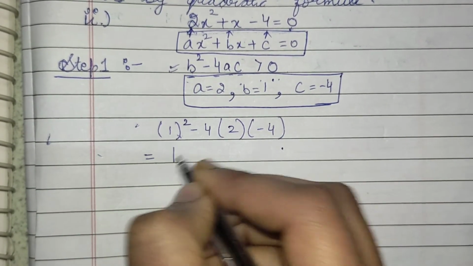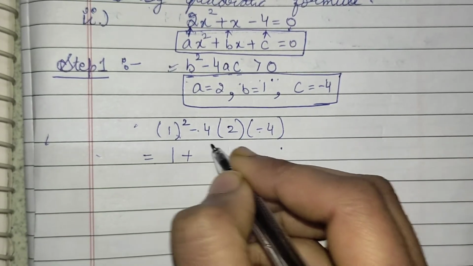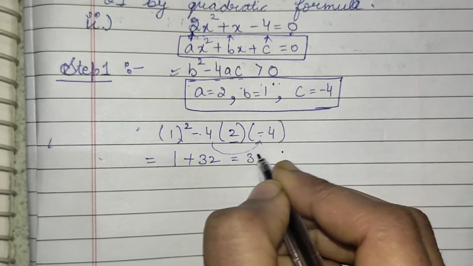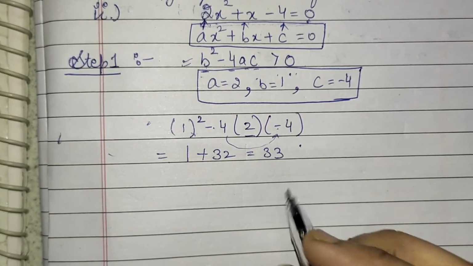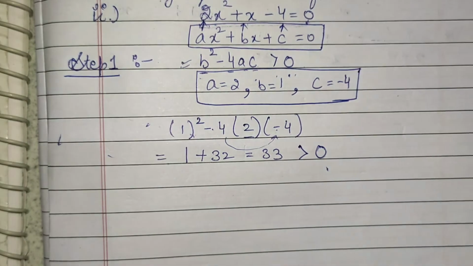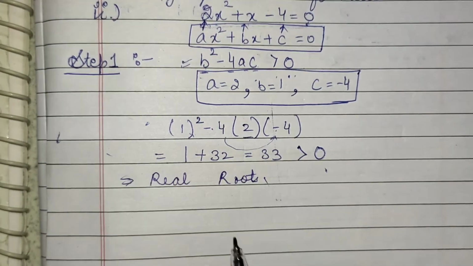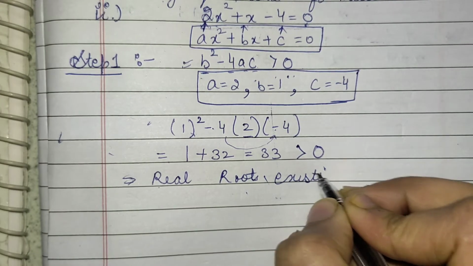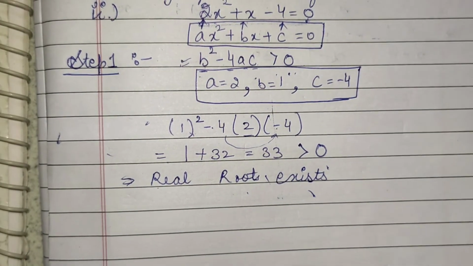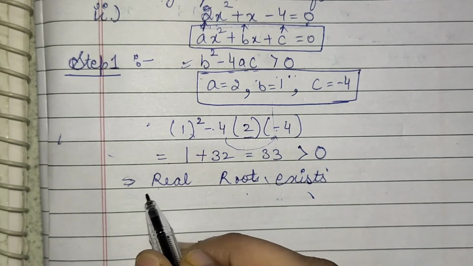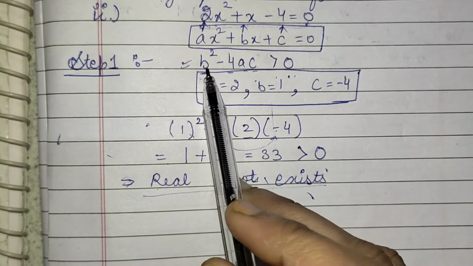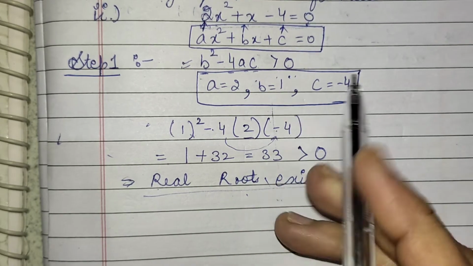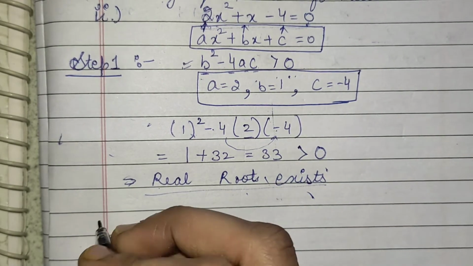What will you get? 1, and minus and minus will become plus, 4 fours are 16, and 16 into 2 is 32. That will be 33. So 33 is greater than 0. Okay. So what does it mean? That means my real roots exist. Okay. So this is my step number 1, which I have to use always while finding the roots of any quadratic equation by using the quadratic formula.